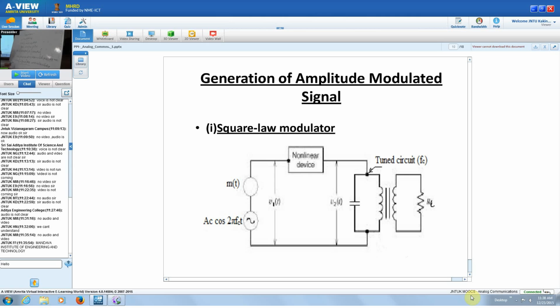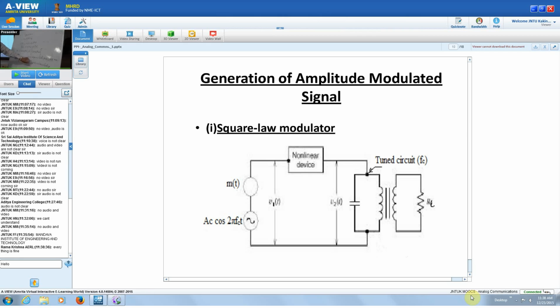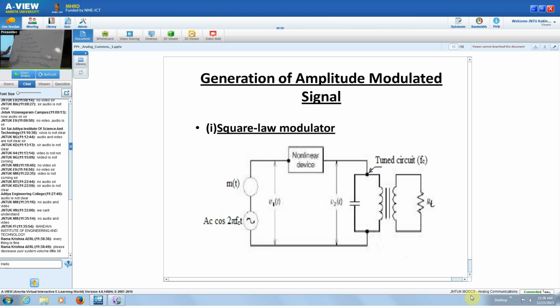This is what our required amplitude modulated signal looks like: (1 plus ka m(t)) cos omega_c t, where a and b are arbitrary constants chosen for the transistor characteristics.